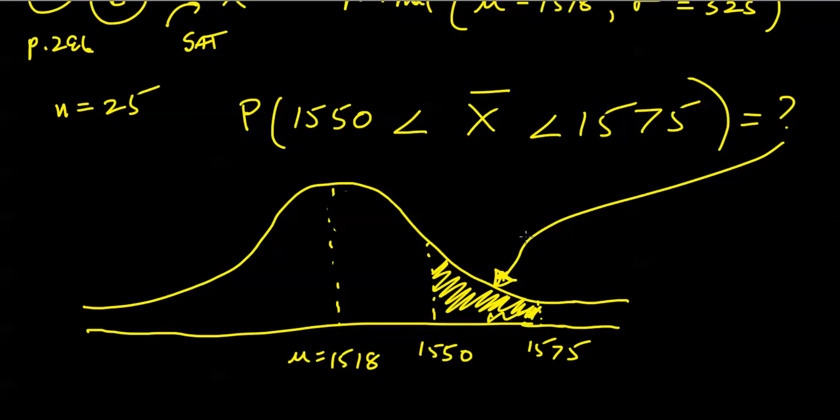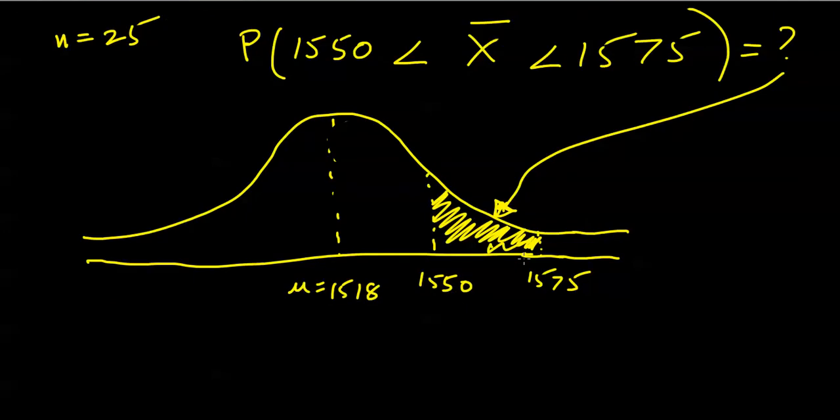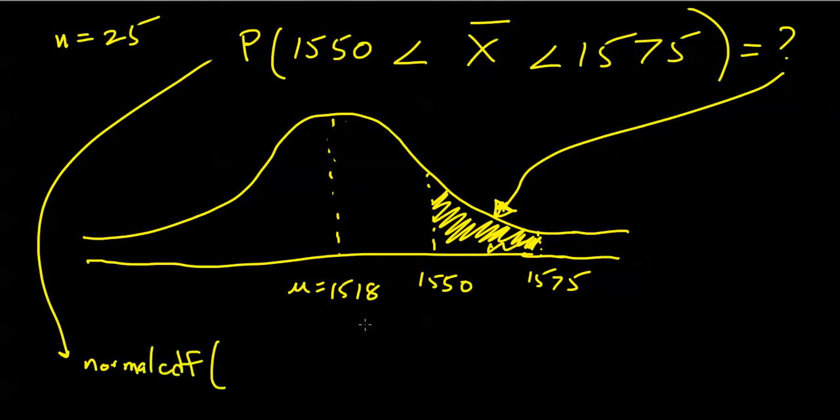Of course, we'll use our normal CDF command to grind it out. The lower limit is 1550. The upper limit is 1575. The population mean is 1518. And remember, your standard deviation is your original SD, which is 325.